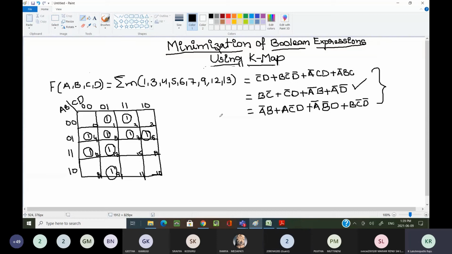Directly by seeing, by combining all those 4 min terms, I can form one quad. I'm giving names to these quads for distinction. Quad 1. I can form another quad by combining these 4 terms.